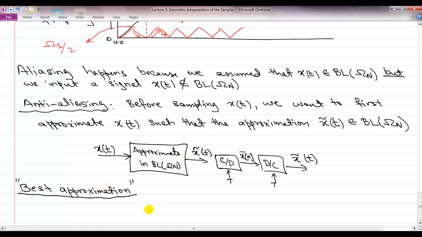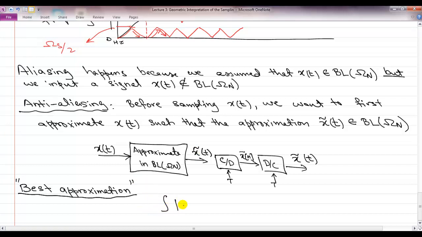Now, how do we define best? We are going to define best in terms of what we call mean squared error. We are going to measure the error between x of t and x tilde of t, and we'll say we want an x tilde of t such that it has the smallest possible error. Okay? So let's write down that error.